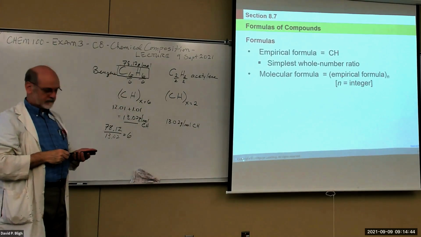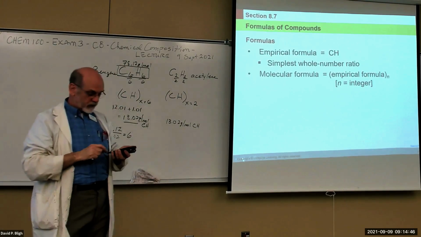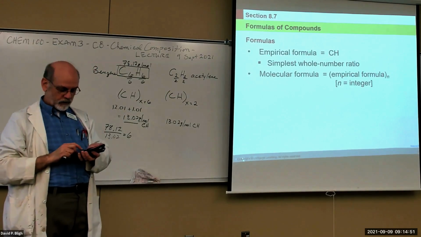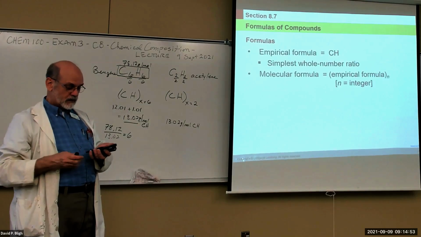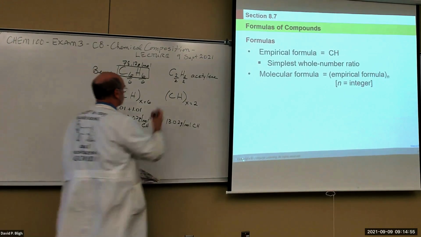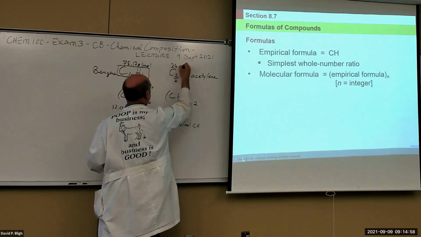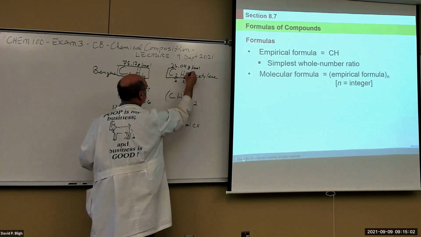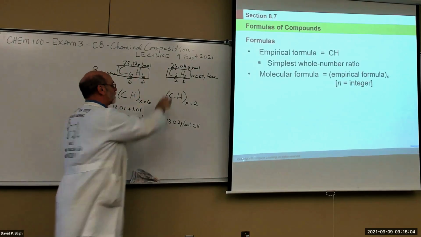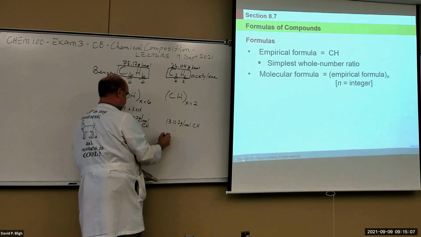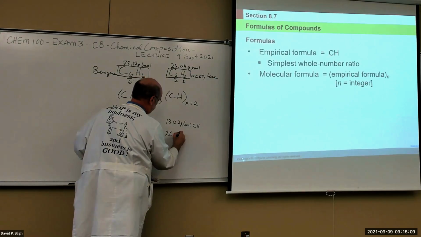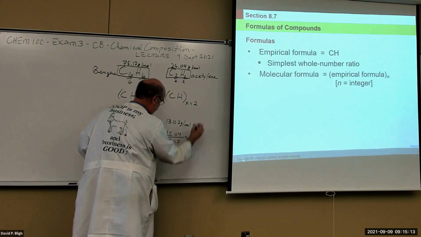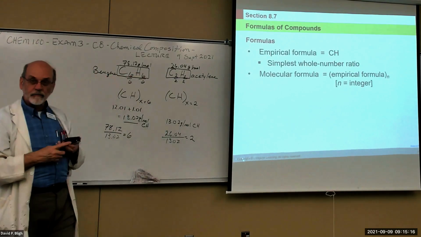How about acetylene? Well, it's 2 times 12.01, which is 24.02, and then 2 times 1.01, which is 2.02. That's 26.04. 26.04 grams per mole. Right? What's the ratio of this one to that one? There you go.